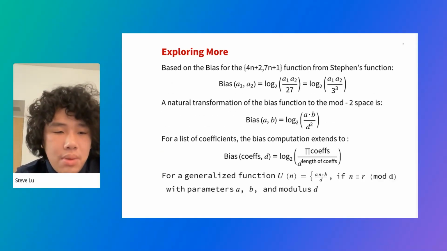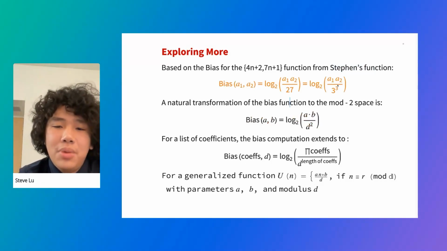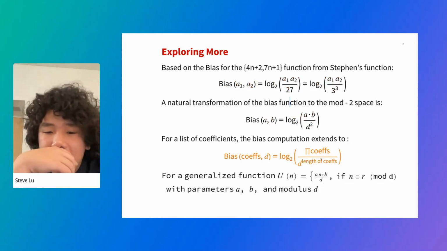So this is addressing the bias function. I basically just take the bias function from Stephen Wolfram's writing and use it, generalizing it to more general terms. Basically, he uses the two coefficients over here, and then the bottom one is the mod number times the number of coefficients. And so we do that as well.